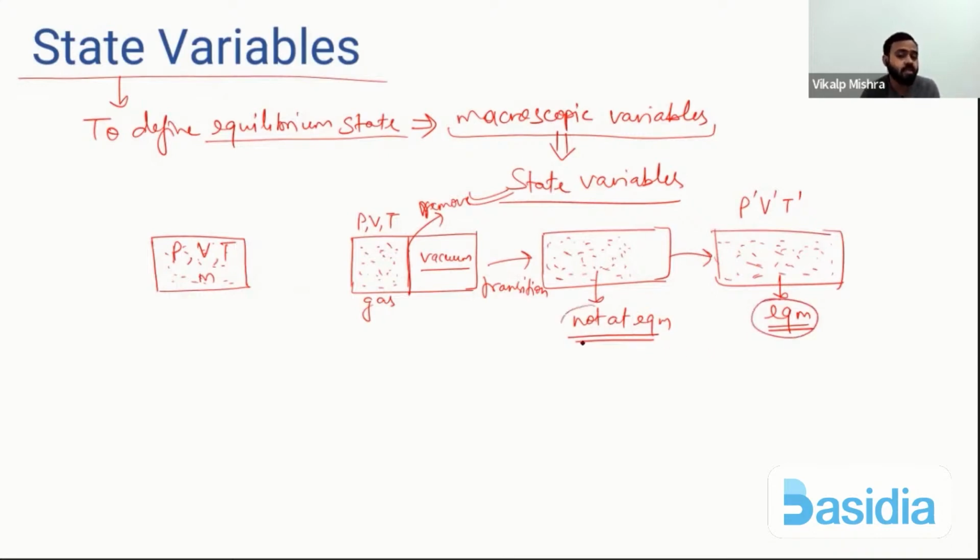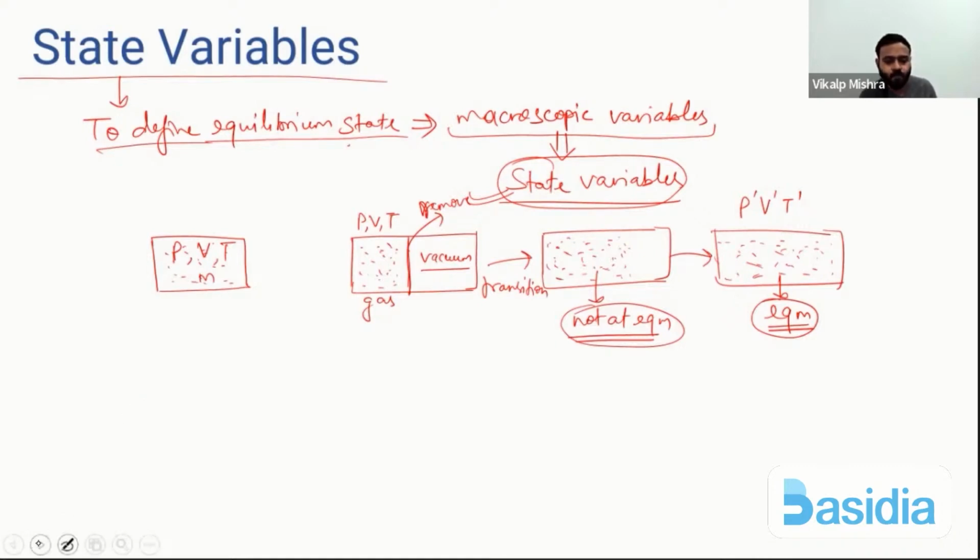But if the system is not at equilibrium, we can't define them. We can't say some pressure will be there, because here the pressure will be different, here the temperature will be different, here the volume will be different. State variables can only be defined at equilibrium, or vice versa, we can say, to define the equilibrium state, we want state variables. Simple. Understood? What is a state variable?